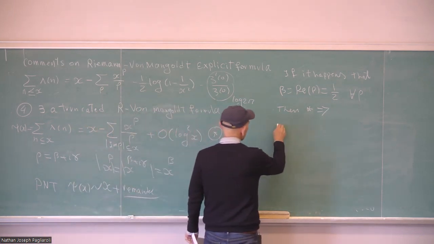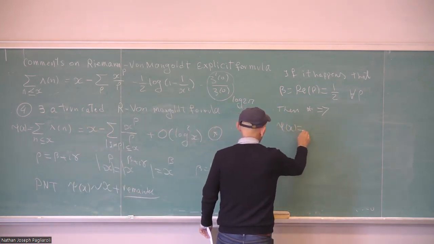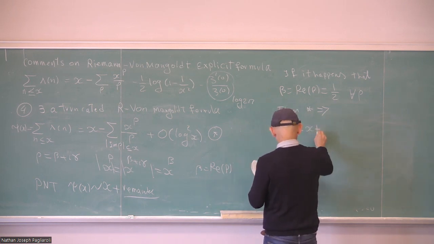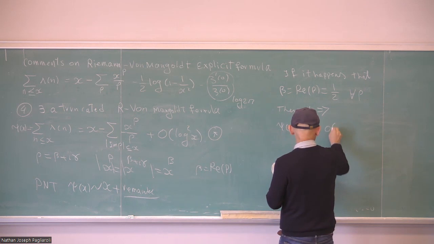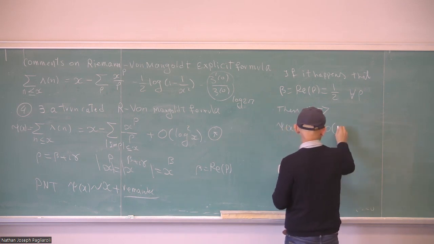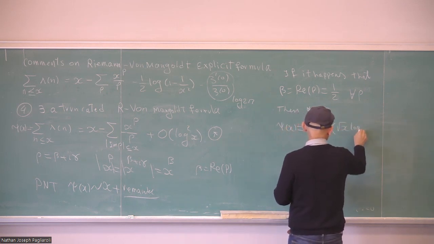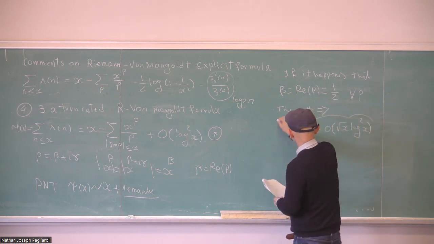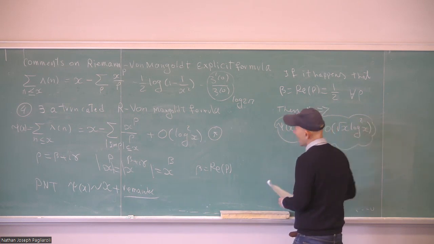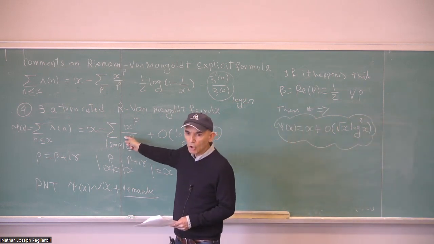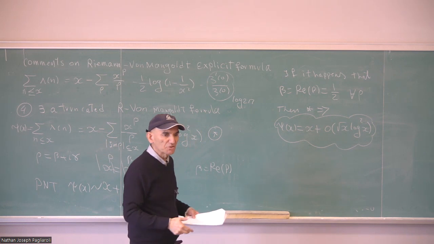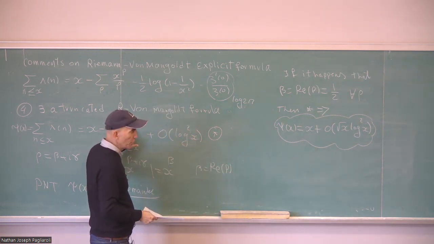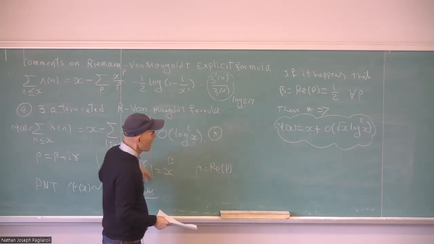We have psi of x equal to x plus O of root x log squared of x. Here, these terms are all of the form x to the power half, if all the roots are of that order.